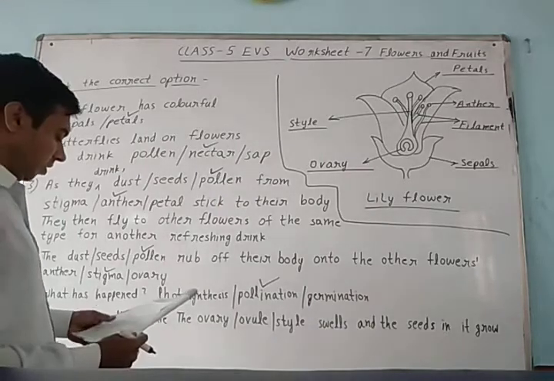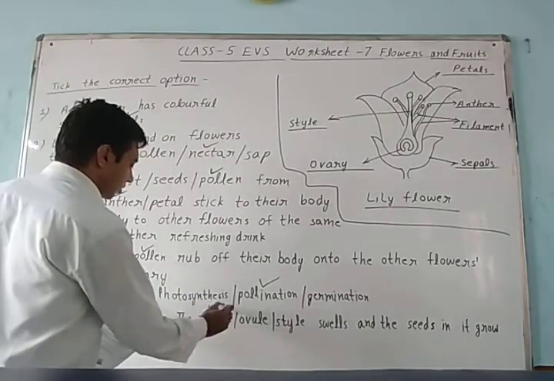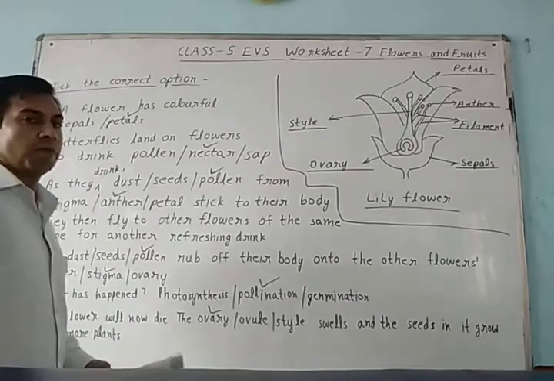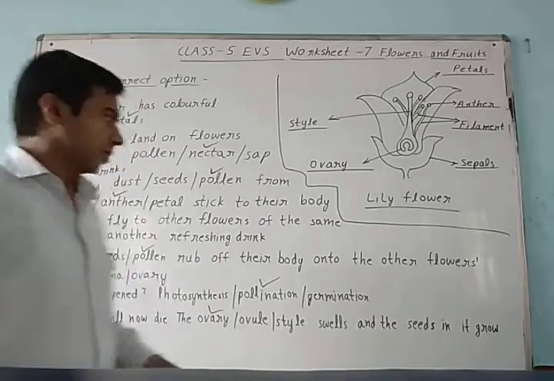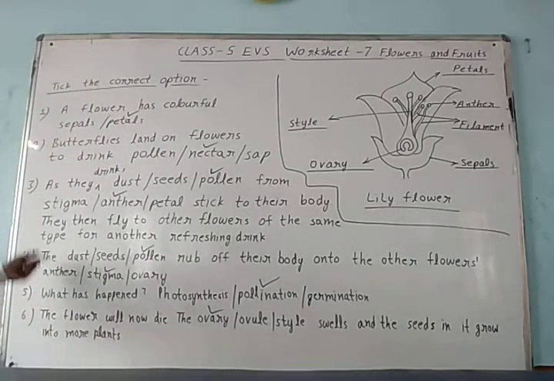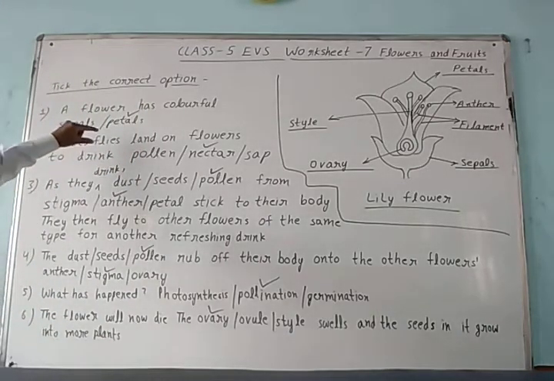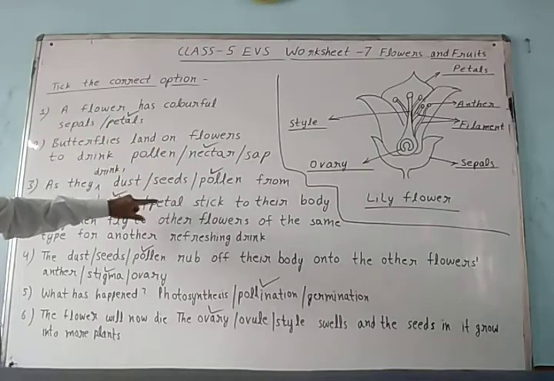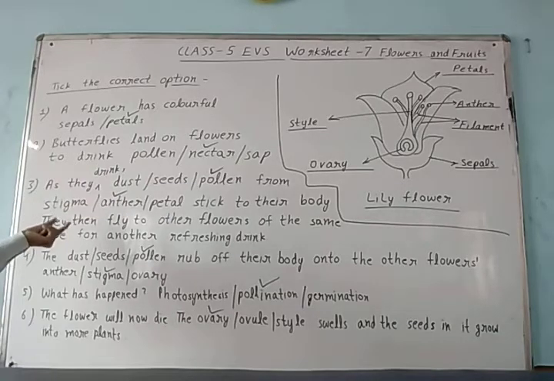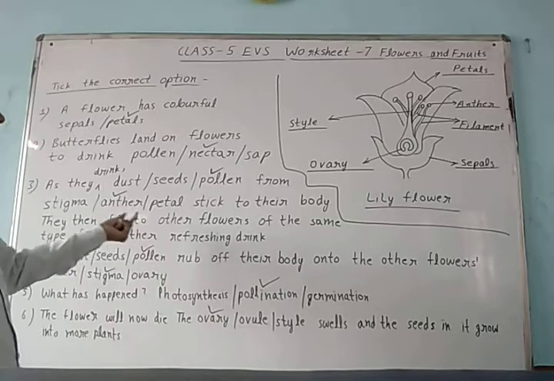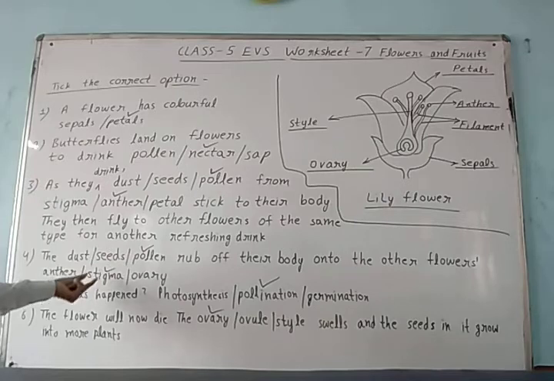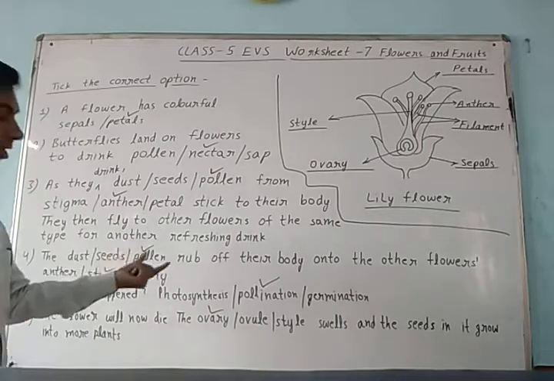The ovary swells and the seeds in it grow into more plants. So students, when a butterfly lands on a flower to drink nectar, pollen from the anther sticks to its body, and as it sits on another flower for a refreshing drink, pollen rubs off its body onto the other flower's stigma, and this process is pollination.